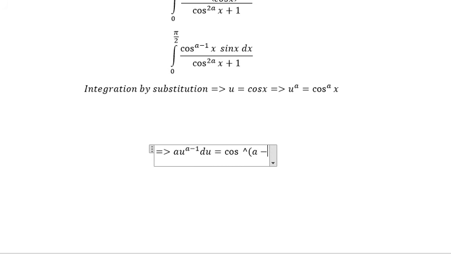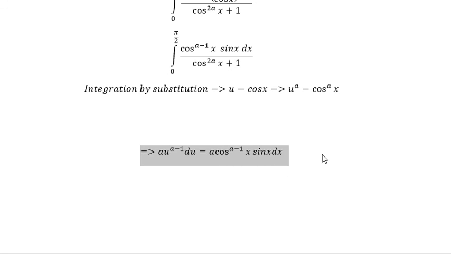And now we first take the derivative on both sides, and you will get a u to the power of a minus 1 du equal to negative cosec x to the power of a minus 1, and we have a here, and we have sin x dx. We simplify the a here.